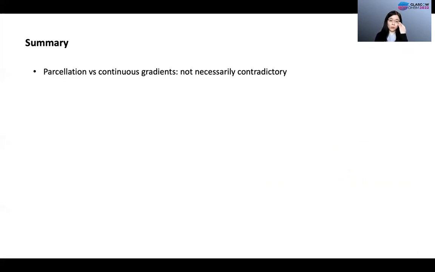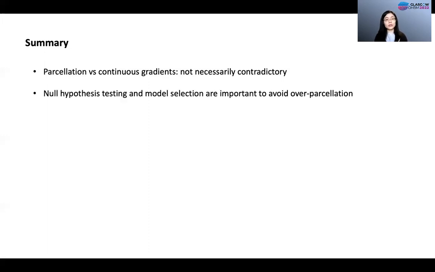Here, by model selection, we can reconcile these 2 models of brain organization. I also want to say that it is important to use statistical null hypothesis testing and model selection to avoid spurious boundary delineation, to avoid overparcellation of the human brain.